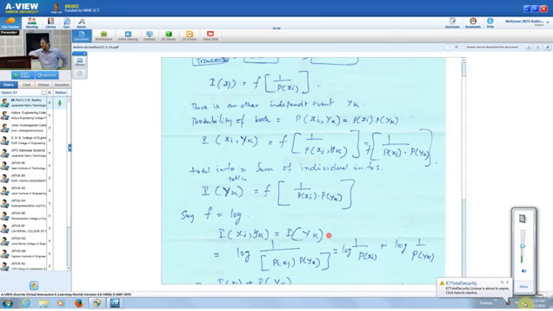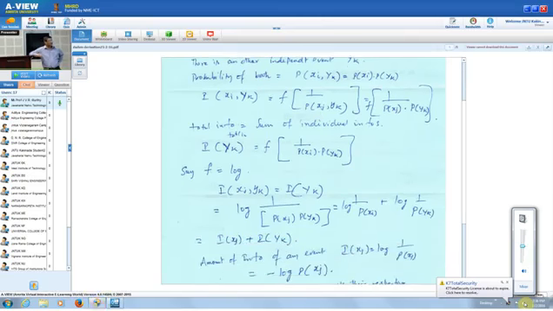You have to choose your f in such a way, because the probability is the product part, no doubt about it, but at the same time the information should be summed up. So if you choose the function f to be logarithm, then what happens?